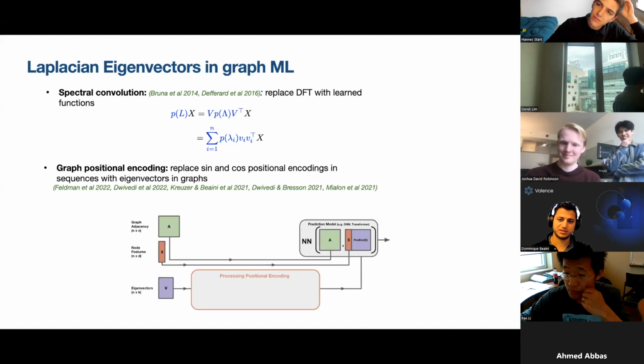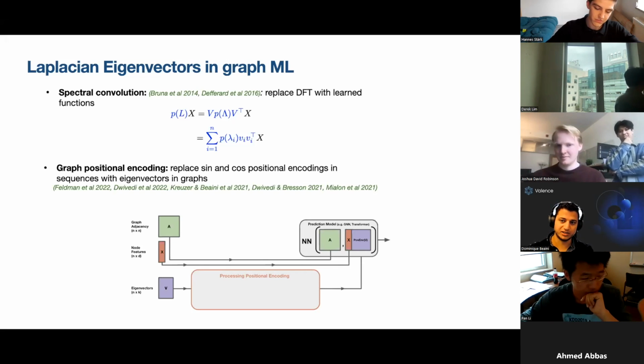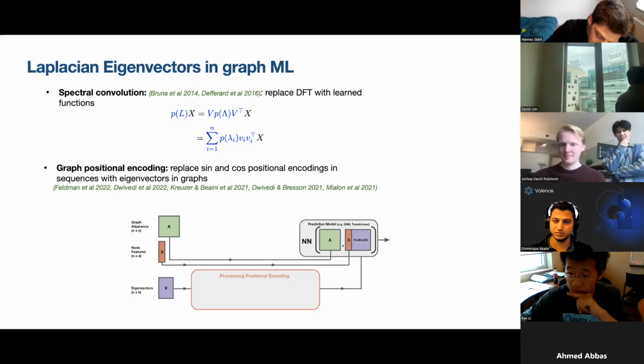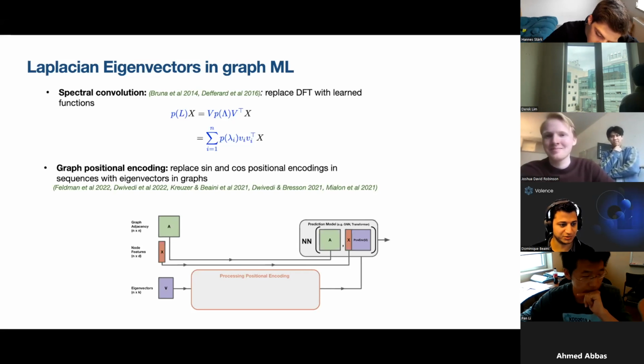And what you are discussing right now is that with the eigenvalues, we cannot distinguish two graphs that are co-spectral. But with the full set of eigenvalues and eigenvectors, you can, in theory, rebuild the adjacency matrix, right? Because you can build the Laplacian matrix, and then you build the adjacency matrix, and you are able to really understand the full graph. Anyways, I will let you continue the presentation.